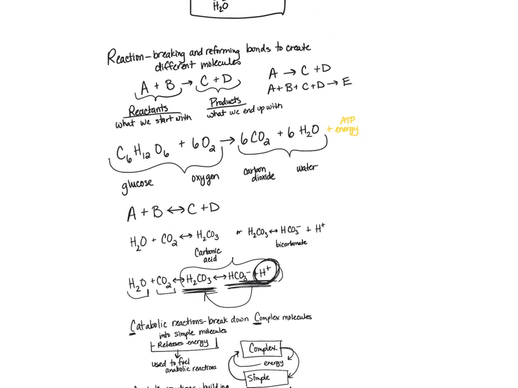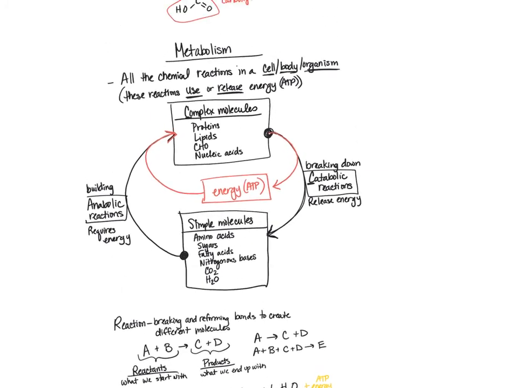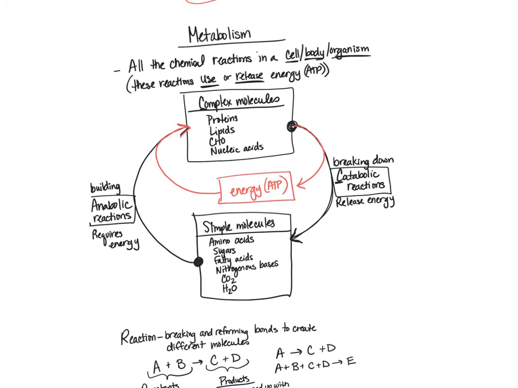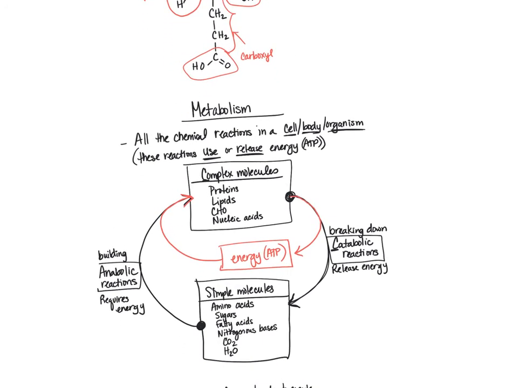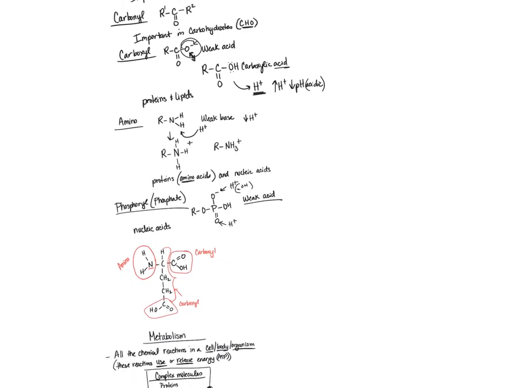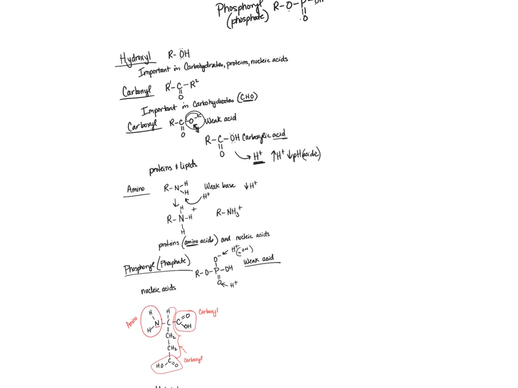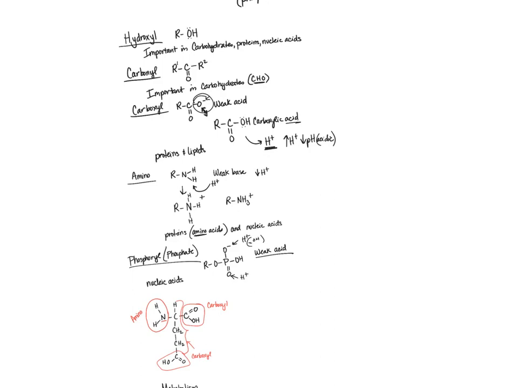We talked about what a reaction is, and then we talked about what metabolism is: all of the chemical reactions in an organism, and how in a catabolic reaction we release energy, and then we use that energy in an anabolic reaction. Don't forget, we talked about these functional groups, which are going to be very important when we look at our different types of biological molecules, which are in the next lectures.